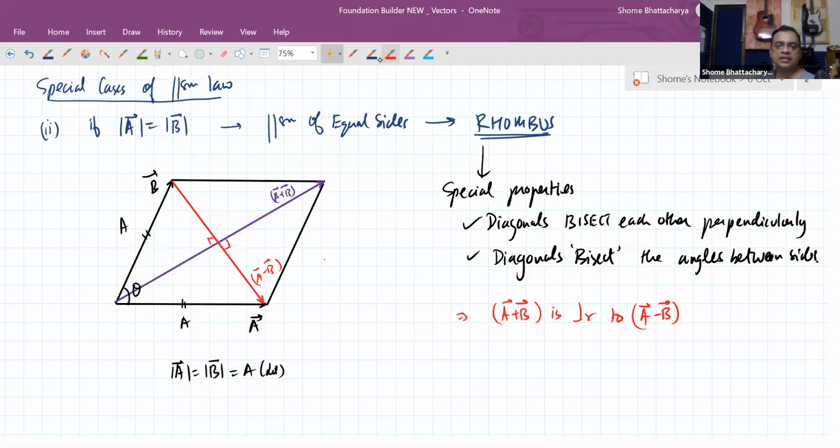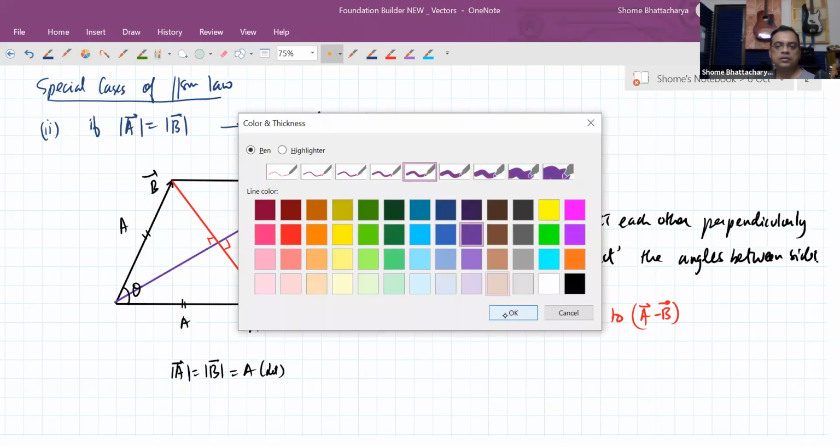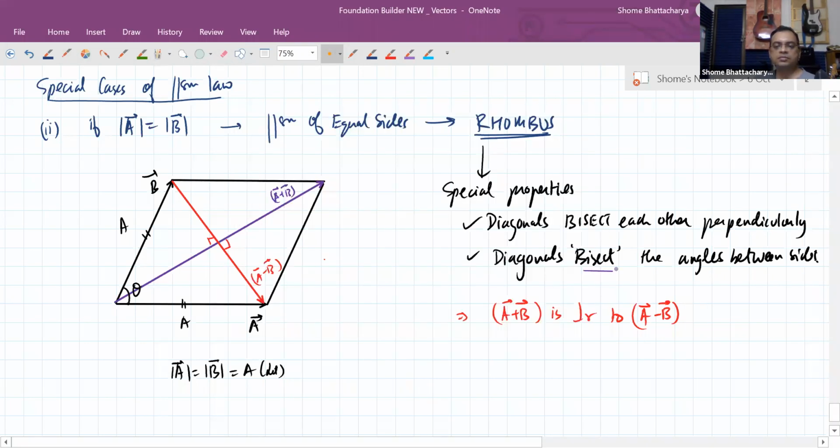Okay. And secondly, they are angular bisectors. They bisect the angles between the sides. So that means this angle will be equal to this angle. So alpha will be equal to theta by 2. And likewise, this angle will be equal to this angle. So beta will become 90 minus theta by 2.